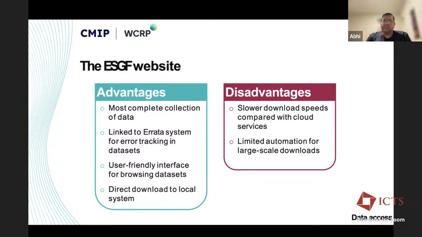So that information is also present. Sometimes we overlook that and we just blindly use the dataset, which is usually not a good thing to do. The errata system tracks all the errors in the dataset, so essentially you'd know if there were any errors in the data.